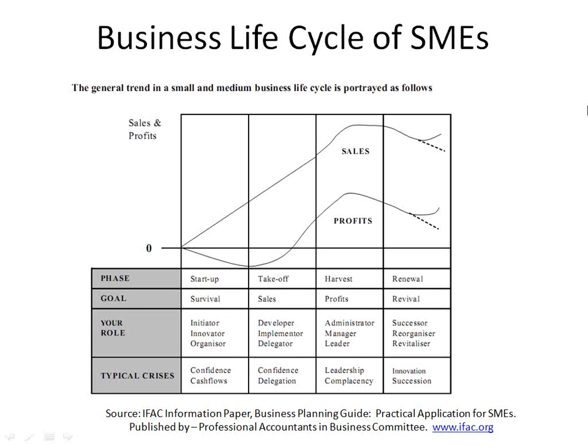This is a phase where you start generating profits, and you also find that some of your employees who have been with you slowly start leaving and start setting up a business in competition with you. This is also a phase wherein you will have to start incurring further capital expenditure to update your plant and machinery.